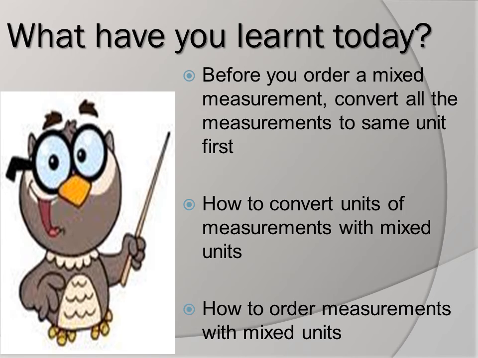So now we've learned how to convert measurements that have mixed units. For example, 6 meters 500 centimeters, convert to centimeters. Now we know how to do that. And finally, we've learned how to order measurements with mixed units. So we've been able to achieve so much today. Well done, students. Great job.